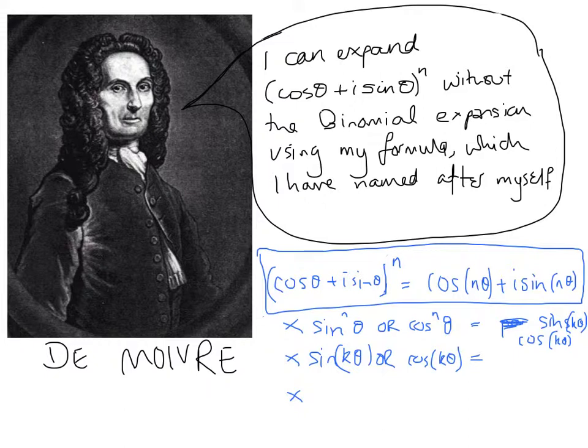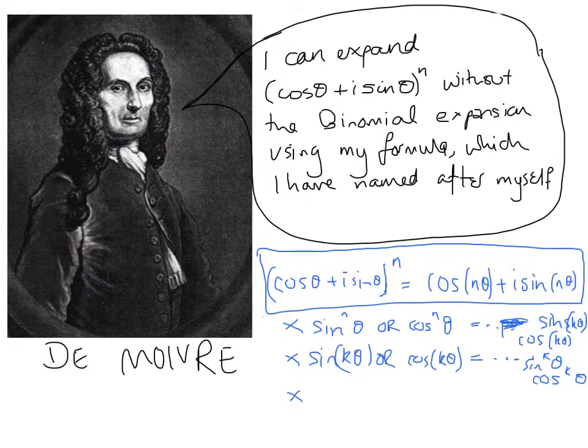So it will be stuff to do with sine to various powers and/or cos to various powers. So we can either have an expression with sines and cosines with no powers but different multiples of angles, or we can have expressions with sines and cosines with various powers on them, and we can go in either direction using this special formula.